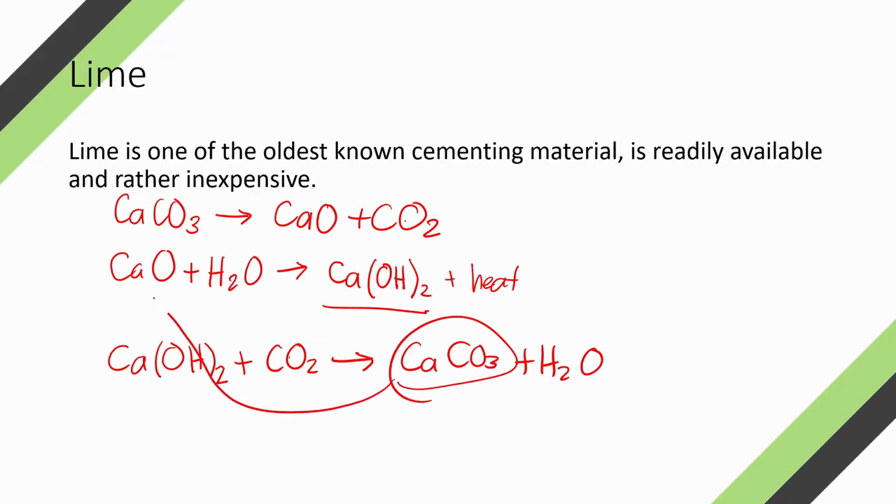Yan yung process ng paggamit ng lime as a cementing material. So, babalik din siya into a lime kapag nag-harden na siya with carbon dioxide. So, kailangan niya ng air to harden.